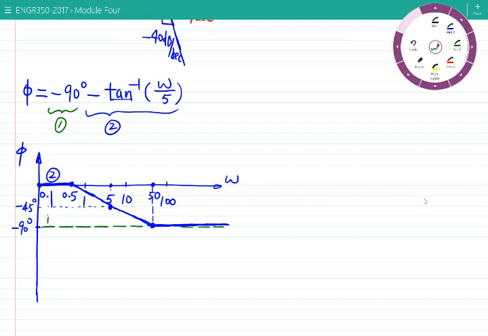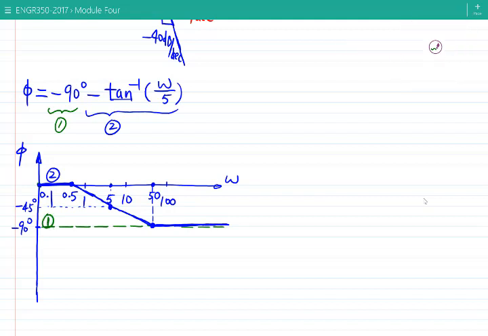So we had factor number 1, and we have factor number 2, and we sum them up to get the total phase angle. We go from the beginning. In the beginning, factor number 2 has phase angle 0, and we only have phase angle for factor number 1, which is minus 90, until we reach 0.5. Then the phase angle of factor number 2 will come into effect, so we have to bend down here.